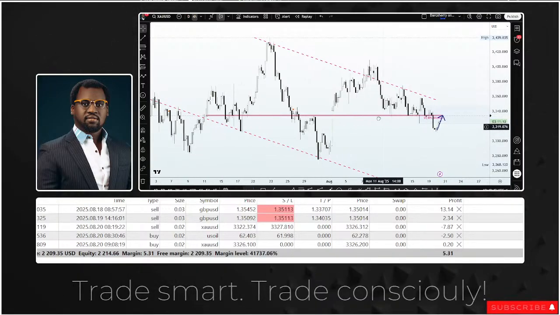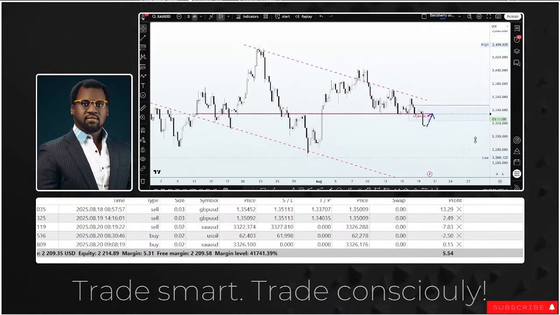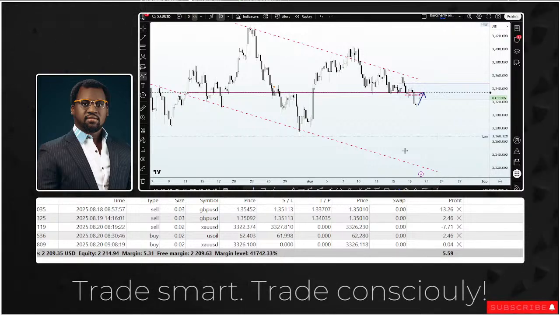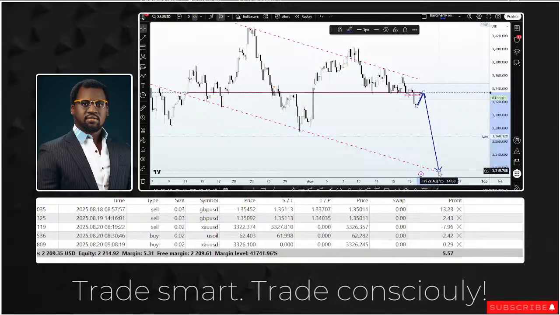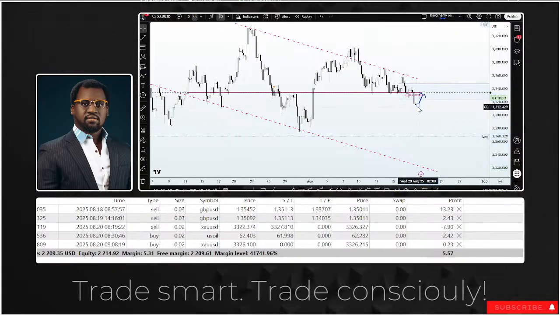And from a technical standpoint, with price within the descending channel, we could see price come back, retrace into the 3,335 to incite a move back down into the support line of that descending channel.